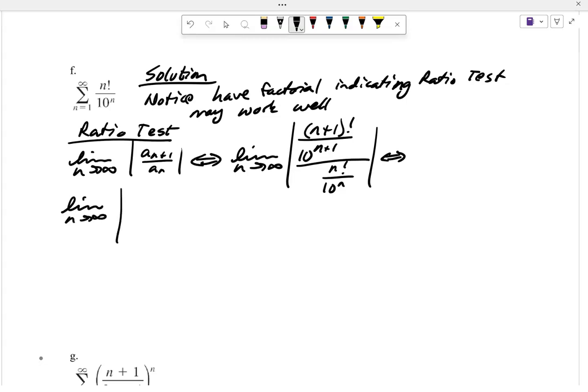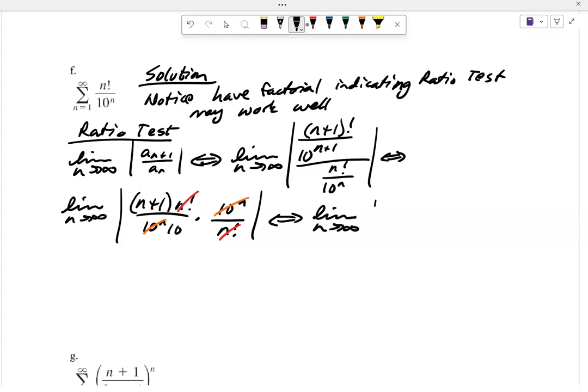So I got n plus 1 factorial, 10 to the n over n factorial, 10 to the n plus 1, and that simplifies to n plus 1 all over 10. Well, as we run this to infinity, see, our numerator just keeps getting bigger, bigger, bigger. So this runs to infinity, so the series diverges by the ratio test.